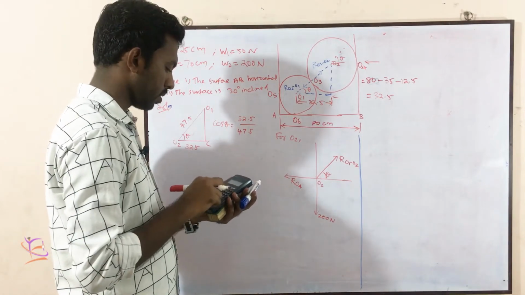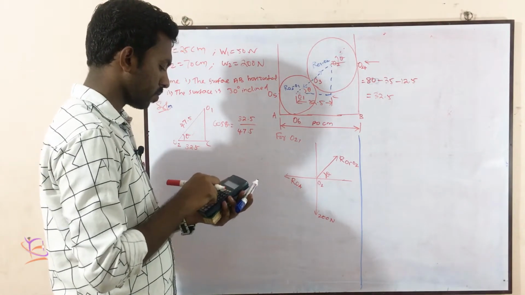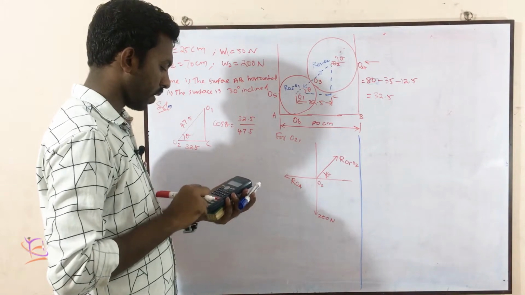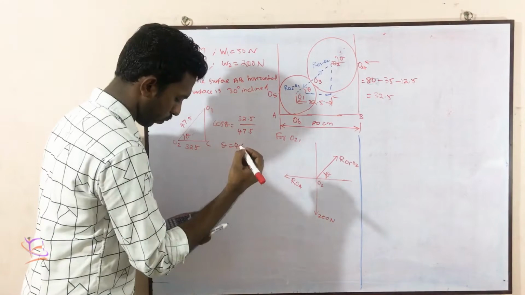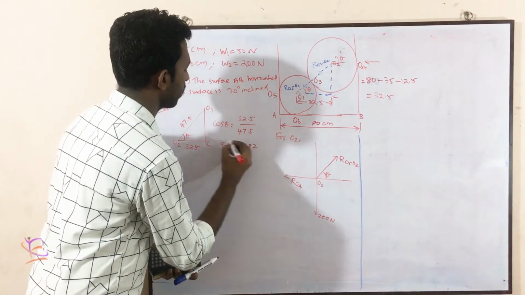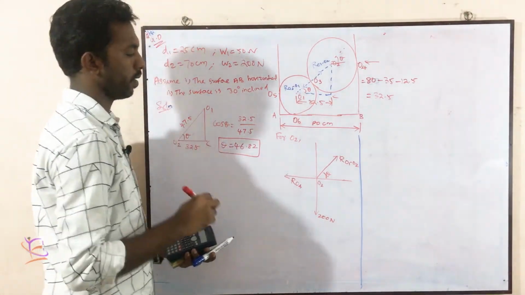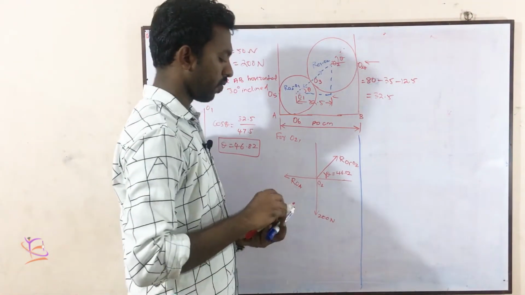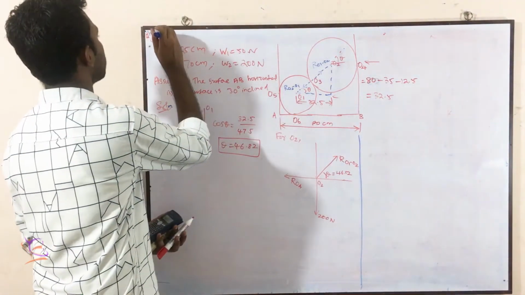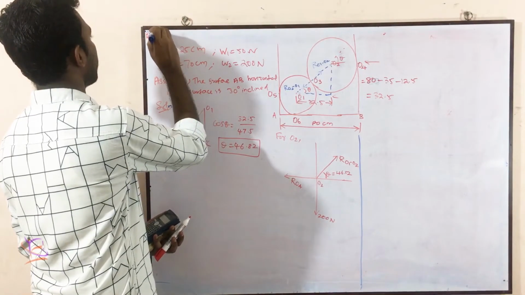That is cos theta. Cos inverse of the answer is 46, so theta is 46.82 degrees. So this is very important data. Here it is 46.82. From this you can resolve the inclined force into horizontal and vertical components.